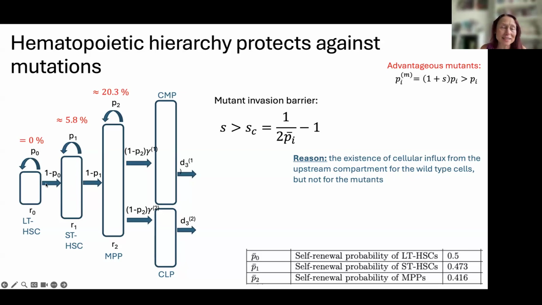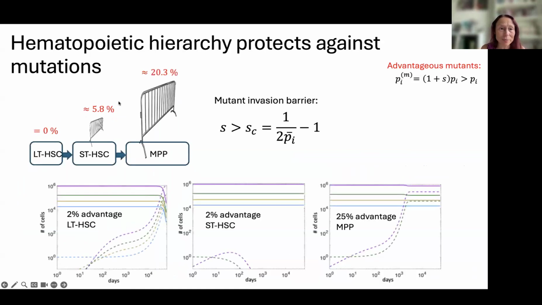So I have to compete not on an equal basis. Okay, and the intensity at which they come in defines the amount of barrier that I have to overcome to win over this compartment. And here it turns out that the barrier is even higher. So this is the graphical representation of this idea. No barrier here, a relatively low barrier here, and a very high barrier here for the mutants.